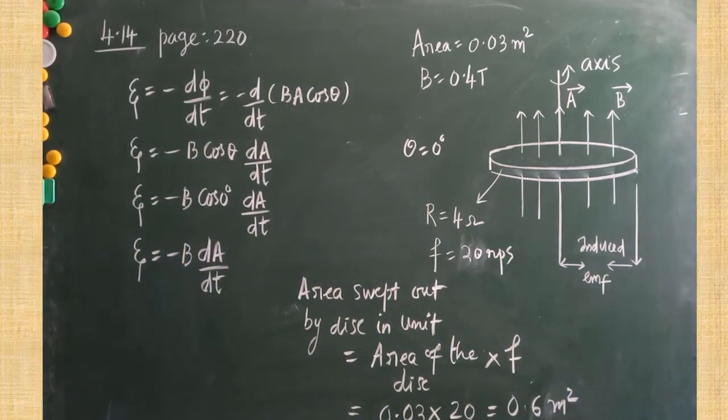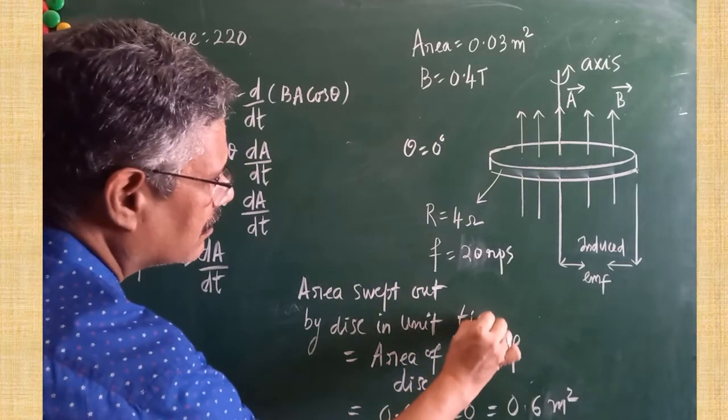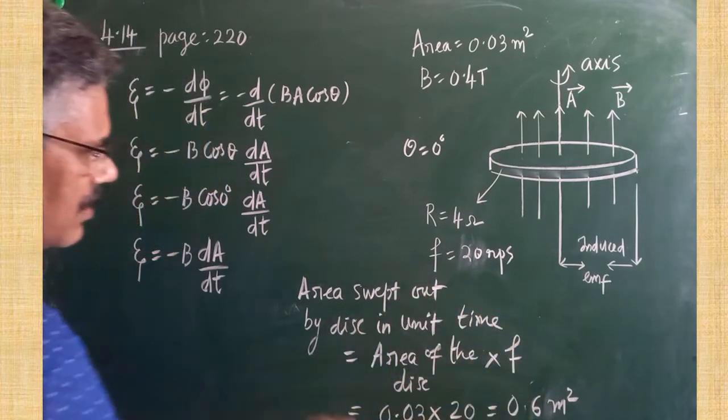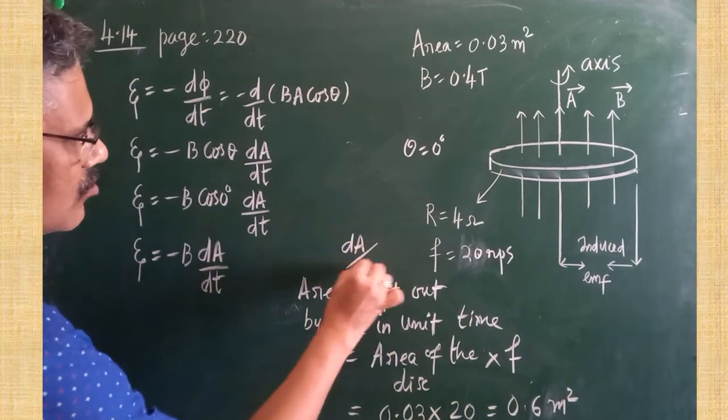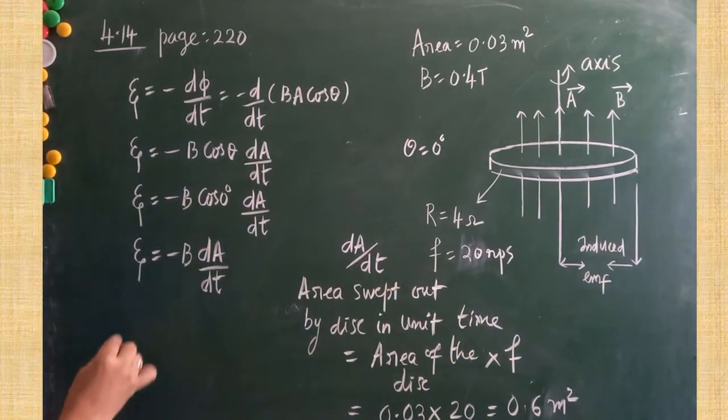This much area is changing per unit time, when the disc completes 20 revolutions in 1 second. This much area is swept out by the disc in unit time. Are you clear? That is very important. So this formula is so important, and the entire thing is to be taken as dA by dt.